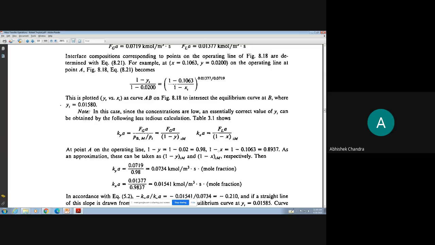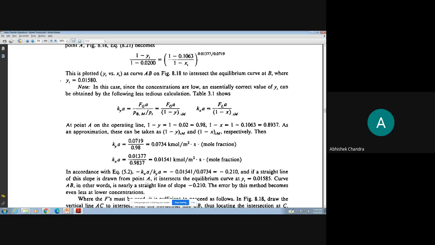So put these values here and then find out kxa and kya, take the reciprocal.